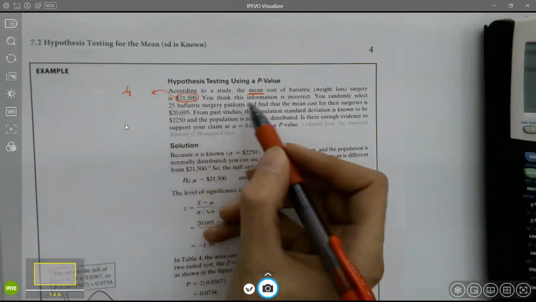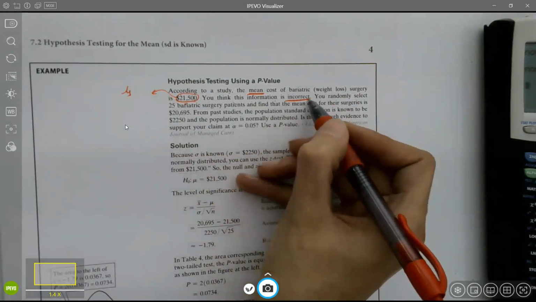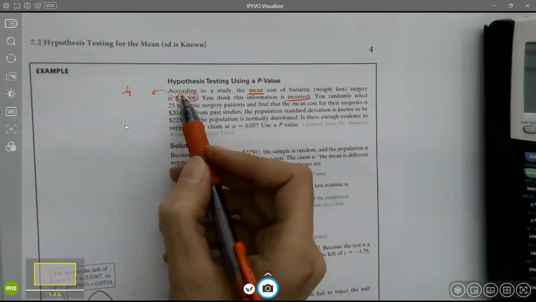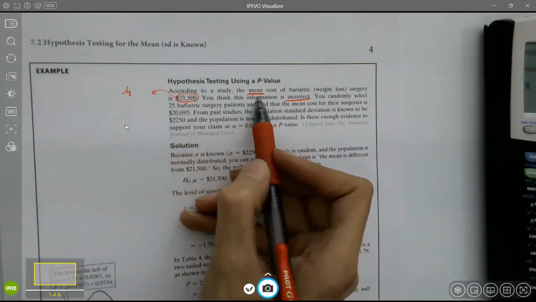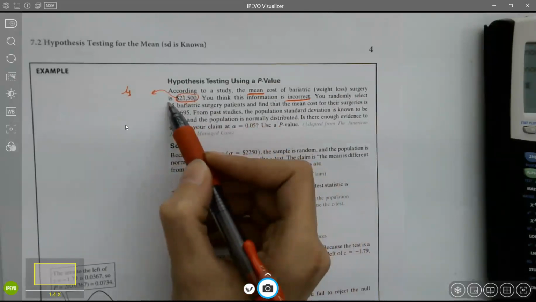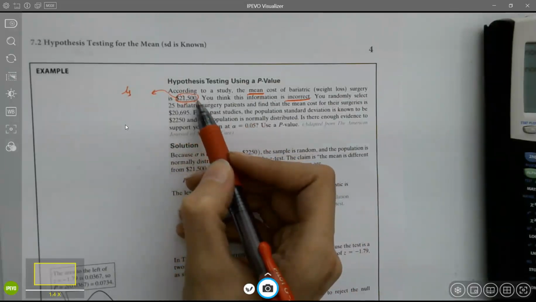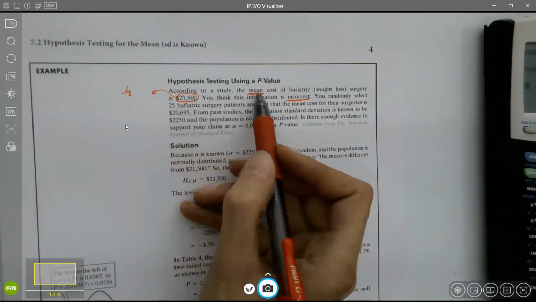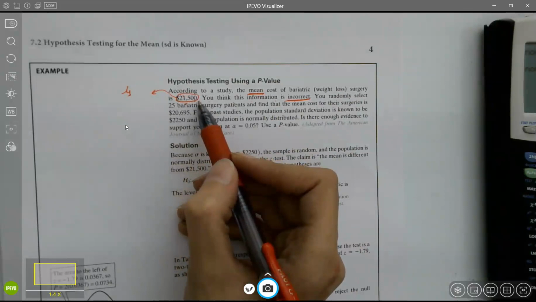You think this information is incorrect. So it says, read it carefully. It says the mean is 21,500. Is it your null hypothesis or alternative hypothesis?